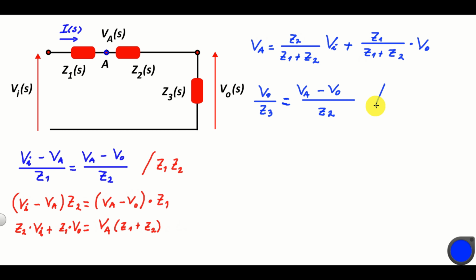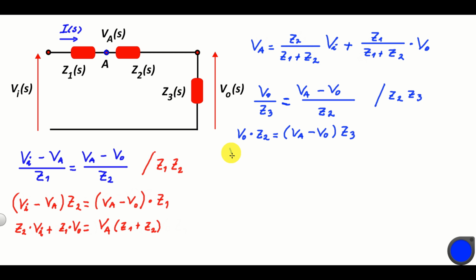If we multiply this equation by the product of Z2 and Z3, we will obtain the following. On the left-hand side, we will have VO multiplying Z2, and on the right-hand side, we will have VA minus VO multiplying Z3. Next, let's group the terms together.